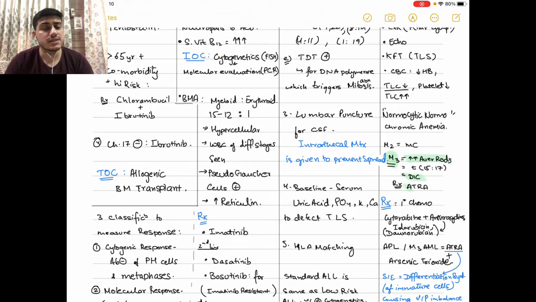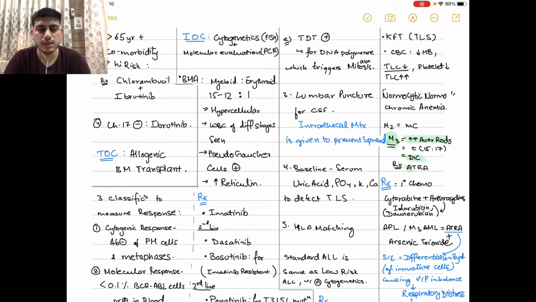As I already told you, chromosome 17 deletion, the long arm 17q, is associated with the worst prognosis of CLL. So in a CLL patient, if chromosome 17 deletion is found, then we start the treatment with ibrutinib, which is obviously a tyrosine kinase inhibitor.